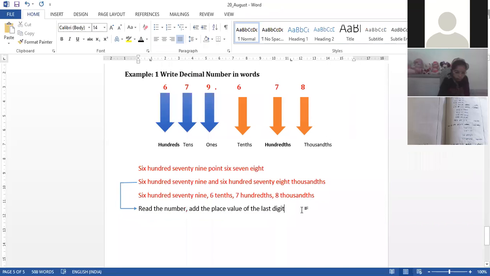The second way, I have given the concept also: read the number and add the place value of the last digit.